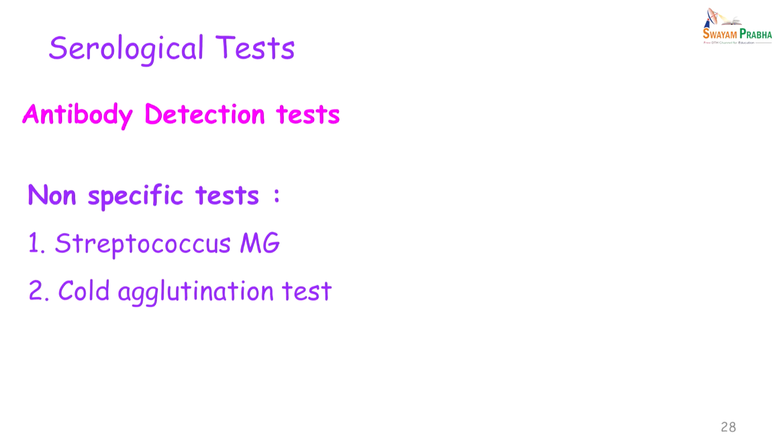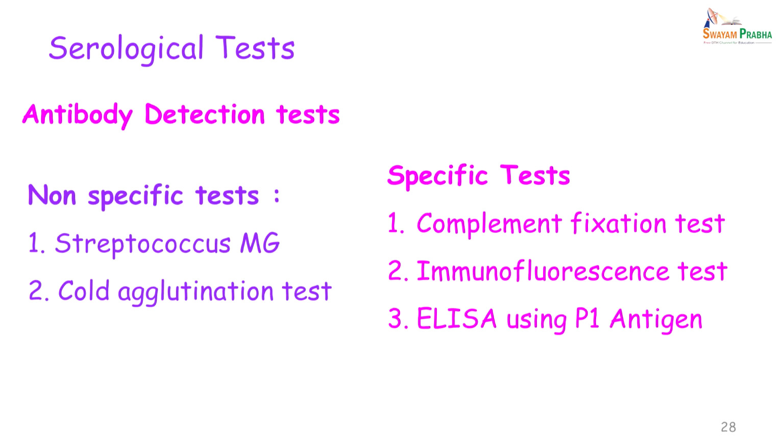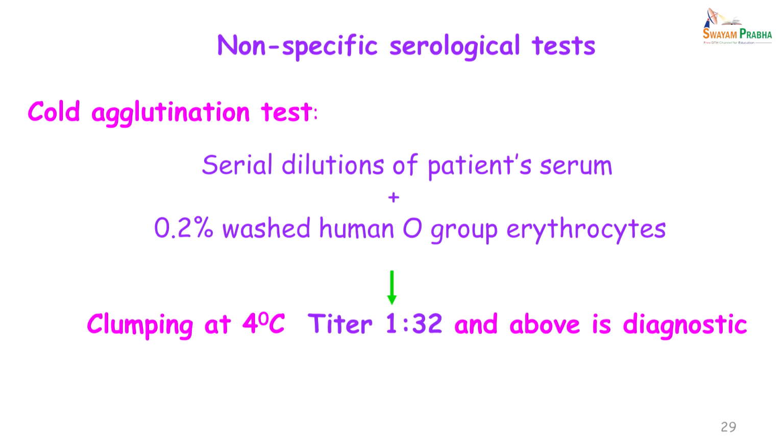That is, the antigen which is used is shared between Mycoplasma and the Streptococcus or the human RBCs. We have the specific tests, that is the complement fixation test, immunofluorescence test and the ELISA using the P1 antigen. Let us look at the non-specific serological tests.